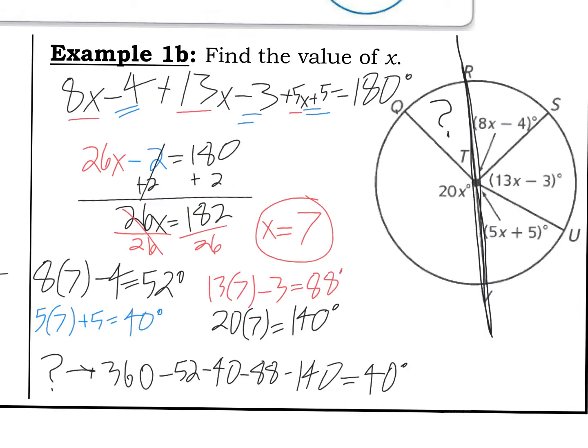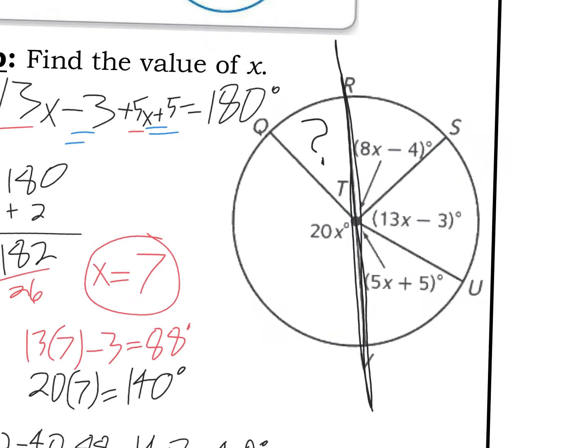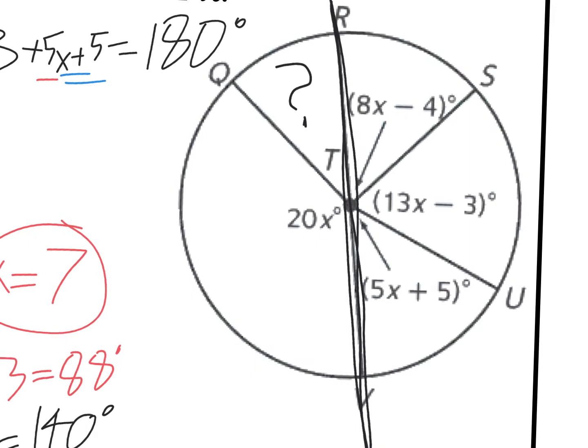This example looks a bit more complicated, but what's going on is I have this picture, and I'm given some piece of information about all the angle sectors except for this one right here, QTR. And so what I did was I just cut this circle in half. If I erase my line, you'll see that this is a line that is perfectly going down the middle of the circle, creating a semicircle.